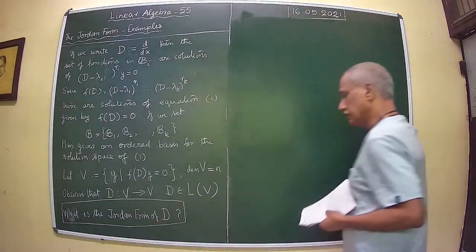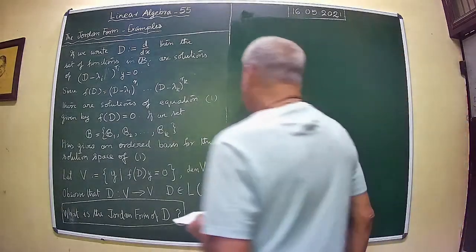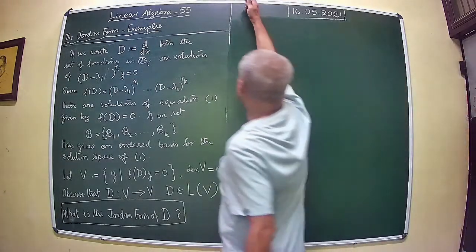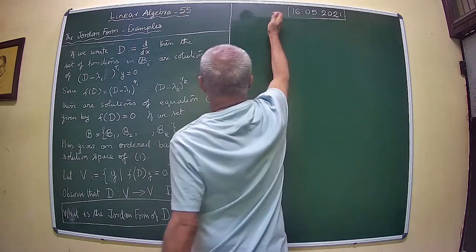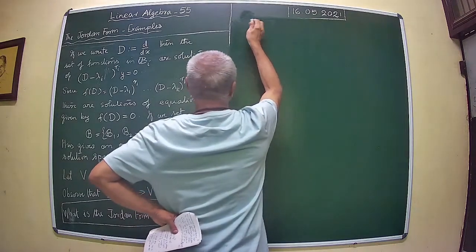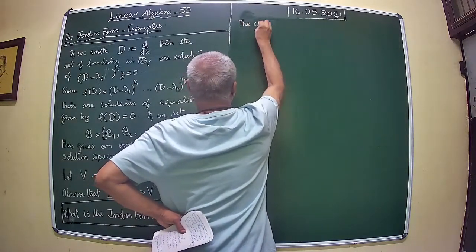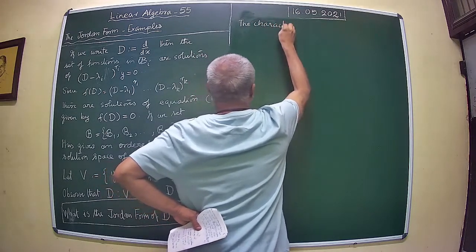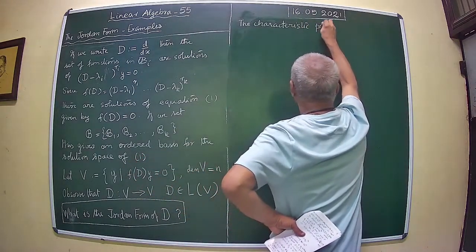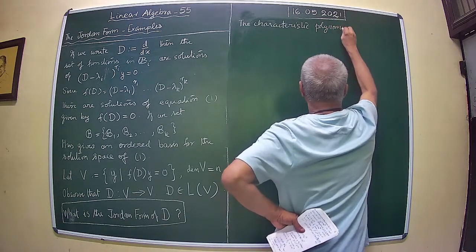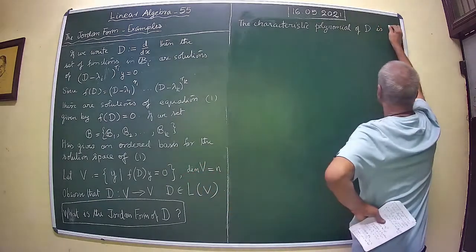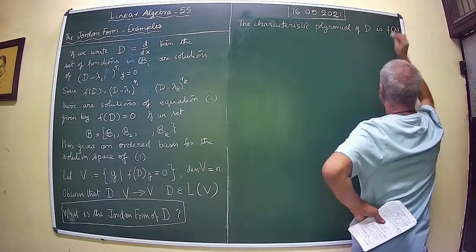Now how do we proceed? Now D is from V into V. So what is the characteristic polynomial of D? We first observe that the characteristic polynomial of D is f lambda. Why?